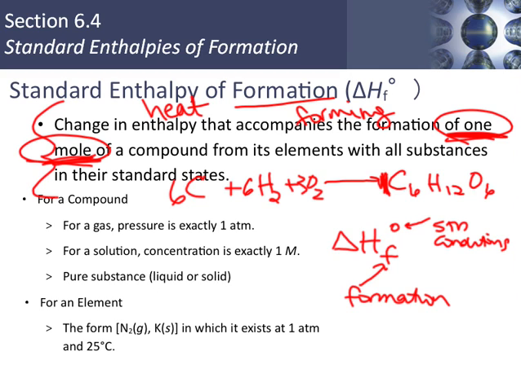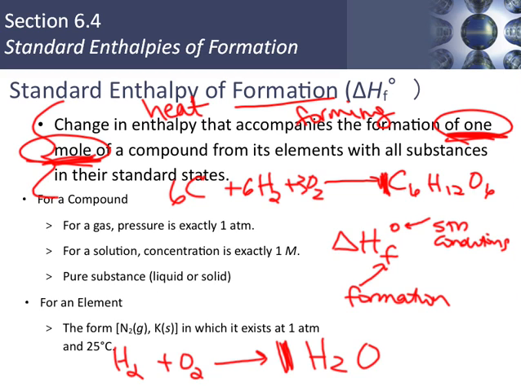The thing you need to be careful of with enthalpies of formation, sometimes it leads to fractional coefficients in these reactions. Let's pretend I want to form water. Because it's defined as an enthalpy of formation, it has to be forming 1 mole of water. So what 2 elements do I add to make water? H2 and O2. In order to balance this heat of formation equation, I have to leave this as 1 because that's the definition.